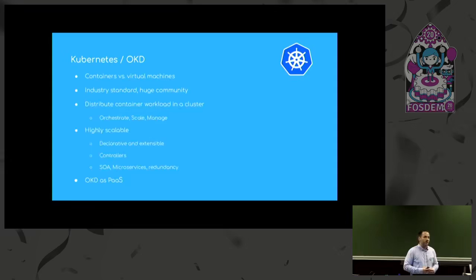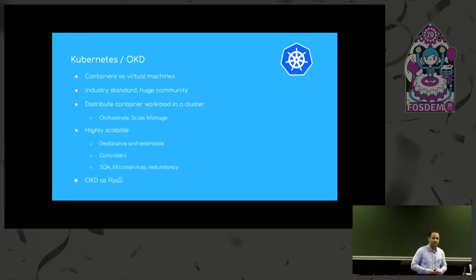Since it was open sourced by Google a couple of years ago, Kubernetes gained a huge community on both sides, on the user base, same as on the developer side. Plenty of companies are contributing either to vanilla Kubernetes or generally to the ecosystem created around Kubernetes.